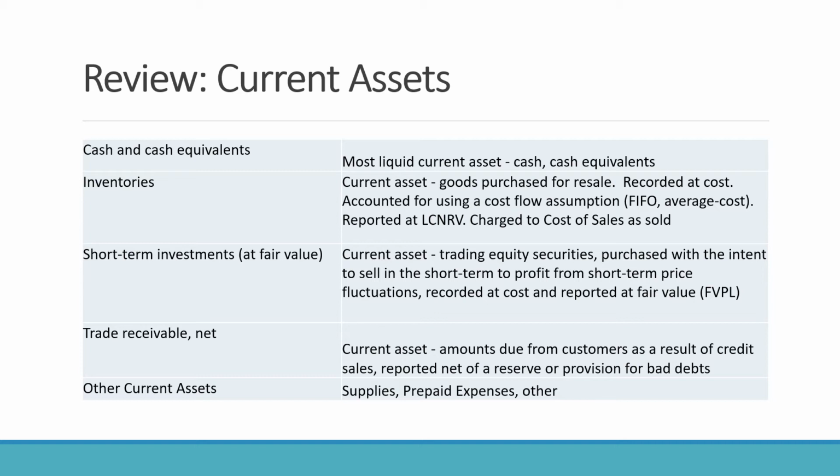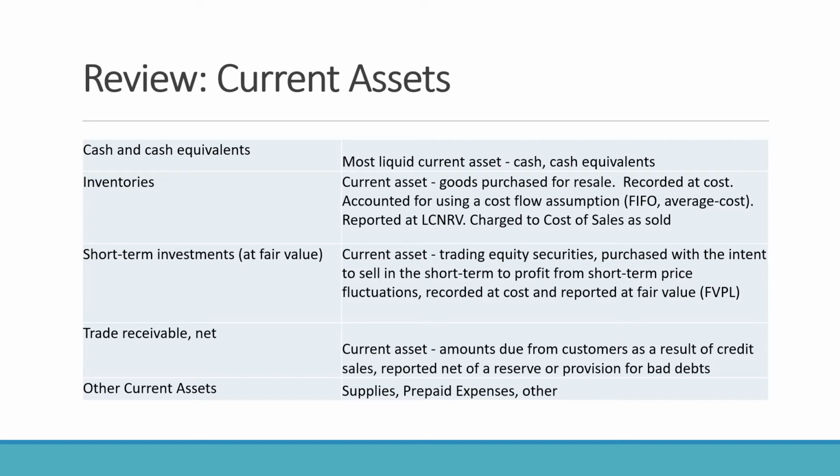They are going to be recorded at cost, and then we're going to account for them using a cost flow assumption. So examples of cost flow assumptions under IFRS include FIFO, which stands for first in, first out, and average cost. Inventories are reported on the balance sheet at the lower of cost or net realizable value.